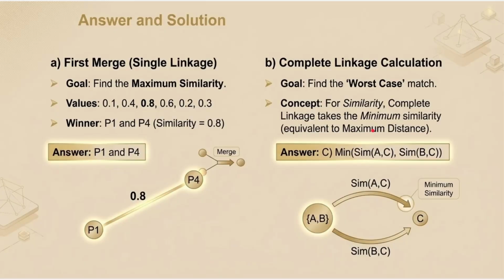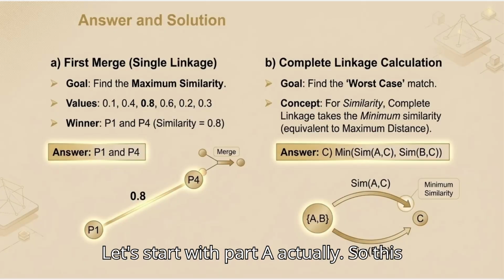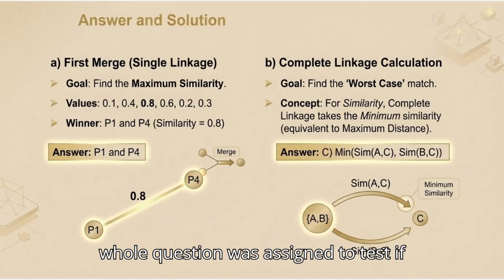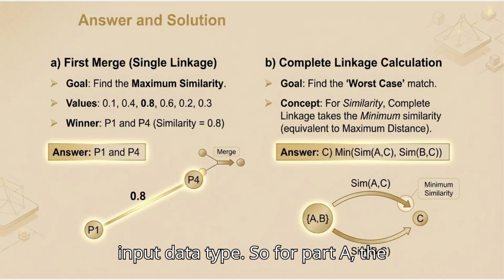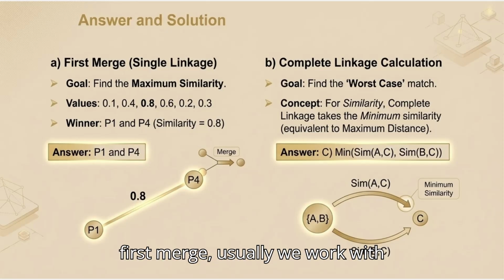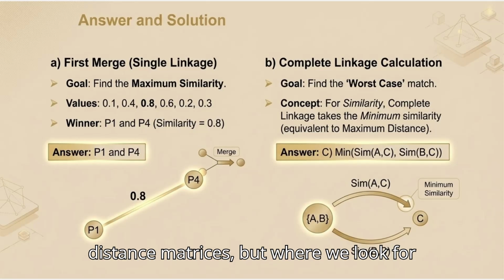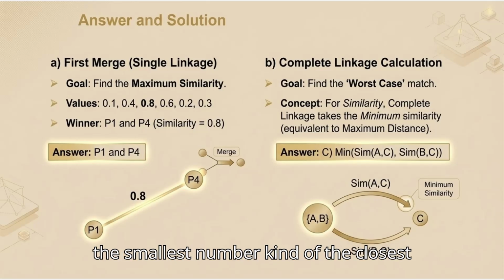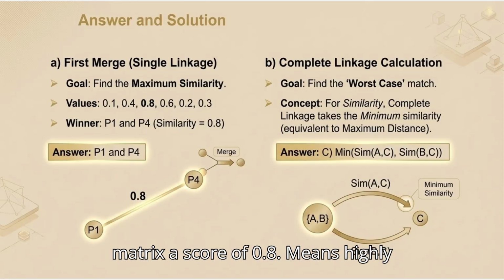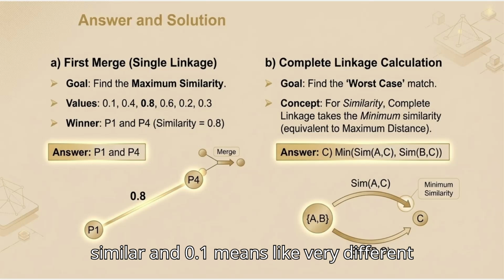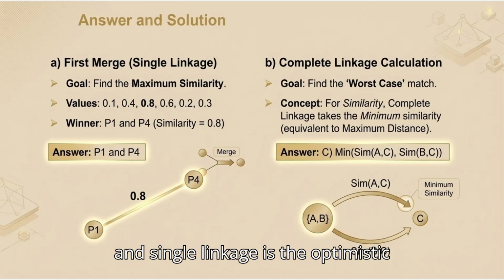So let's start with part A actually. This whole question was designed to test if you're paying attention to the input data type. For part A, the first merge, usually we work with distance matrices, where we look for the smallest number, the closest items. But this is a similarity matrix. A score of 0.8 means highly similar, and 0.1 means very different.